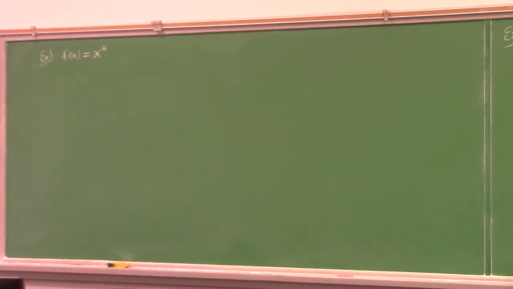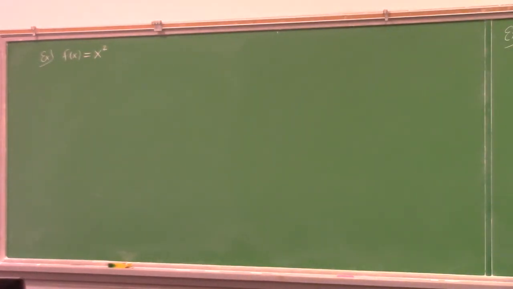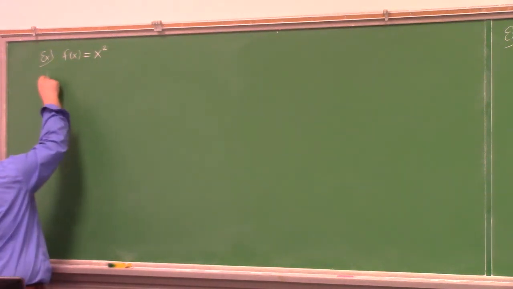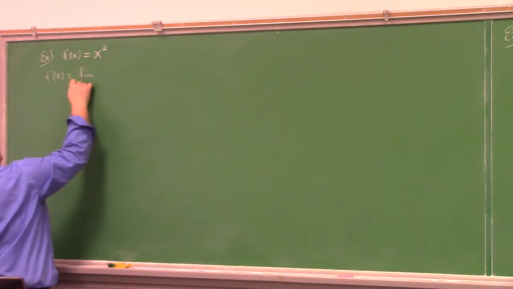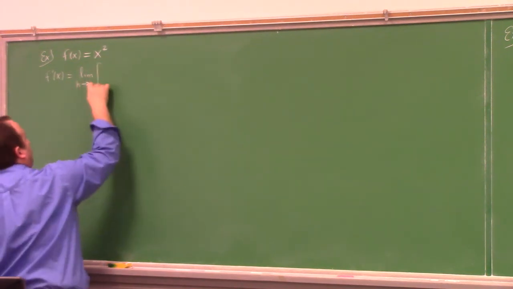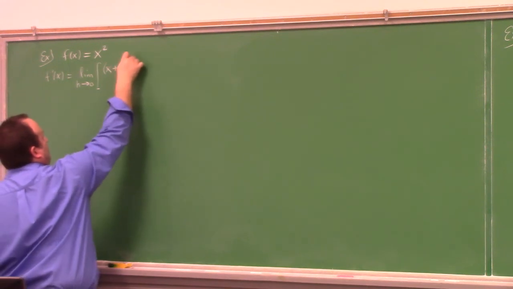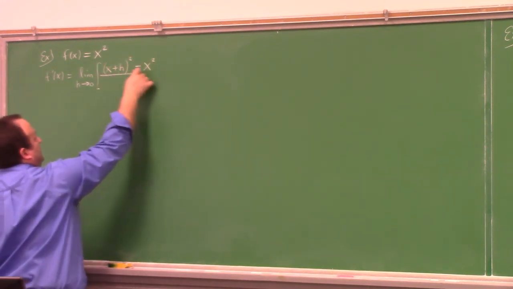So f prime of x is the limit as h goes to 0 of f of x plus h minus f of x, divided by h, right? In this case, that's the limit as h goes to 0 of x plus h quantity squared, minus f of x, which is x squared, divided by h.